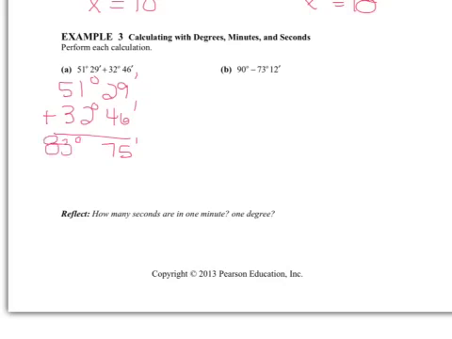Now we can rewrite that, because 75 minutes, if we take 75 minus 60, gives us 15 minutes, correct?